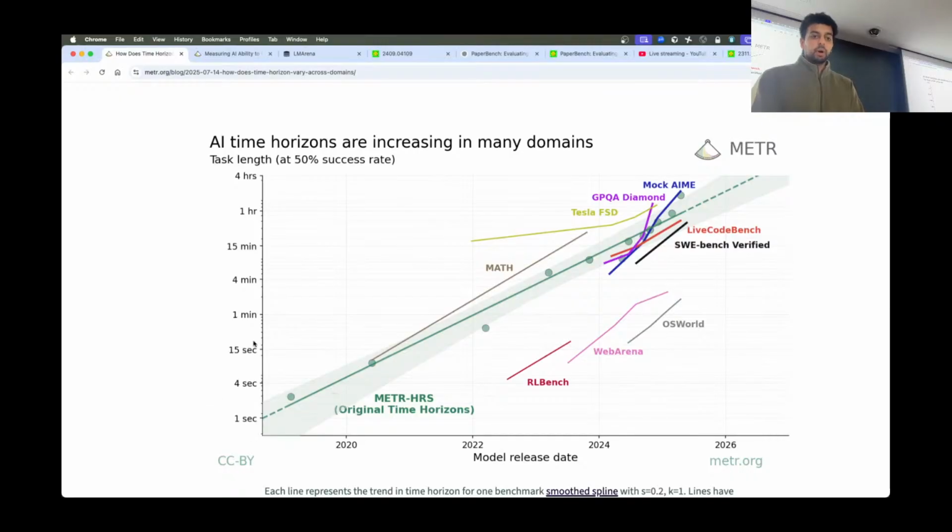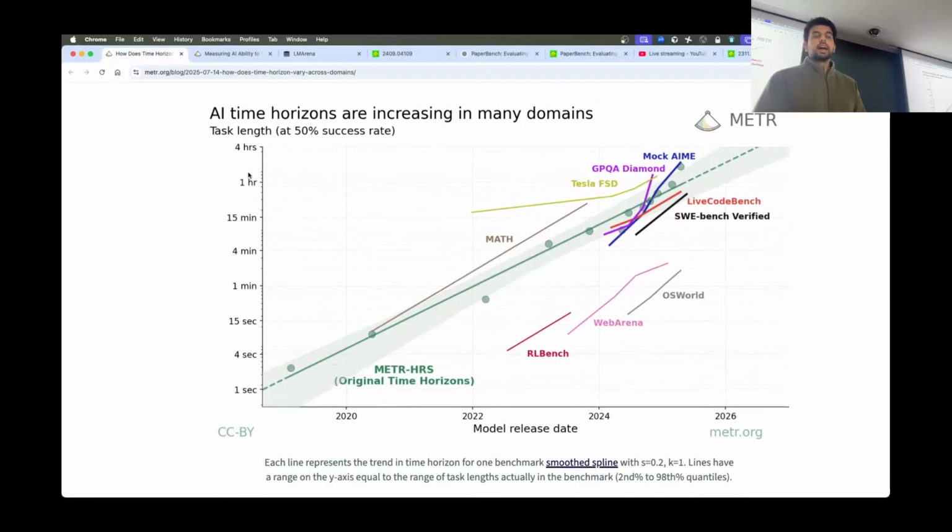The y-axis here is how long an average human would take to solve a task in one of these benchmarks. So these math problems maybe take 4 minutes on average, whereas competitive coding or math problems or some of the ones in Google-Proof QA might take hours plus to solve.